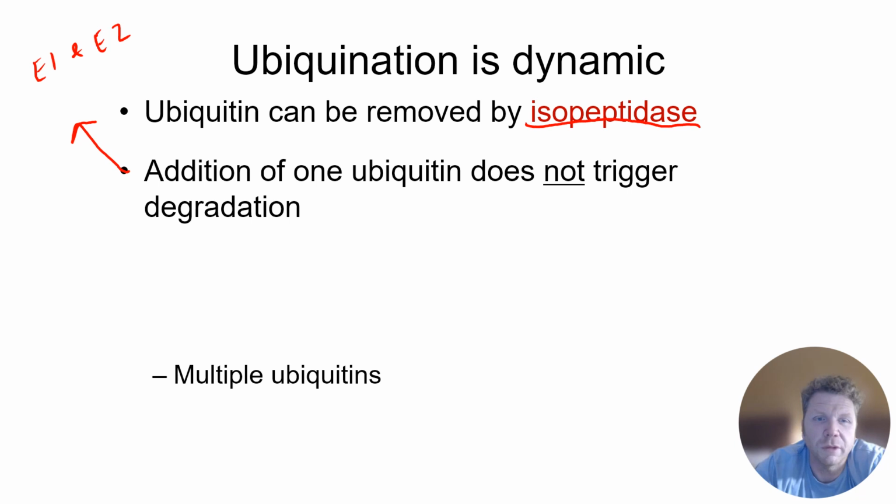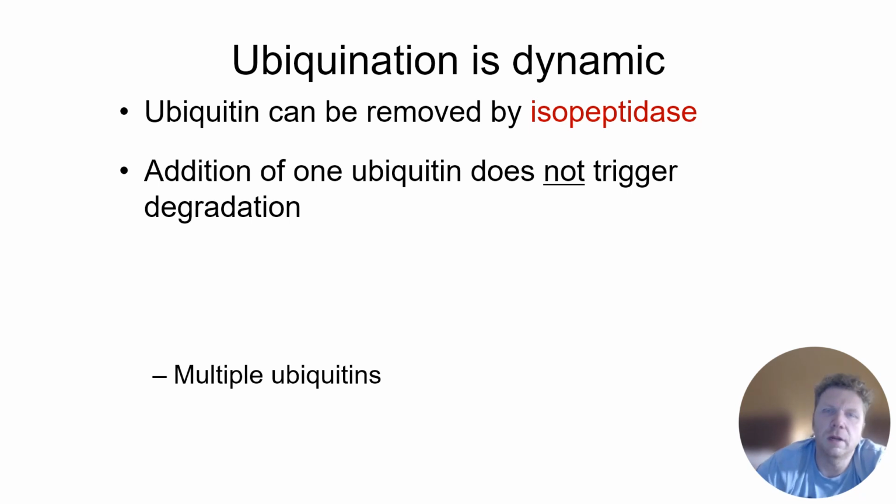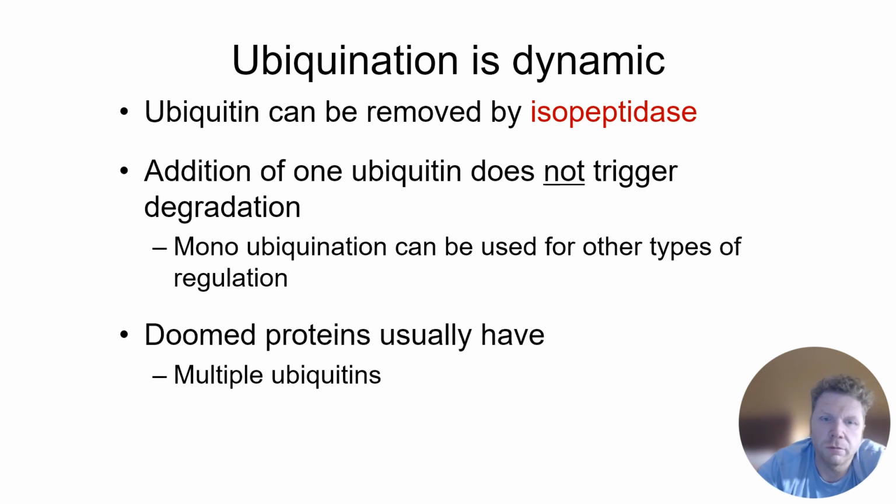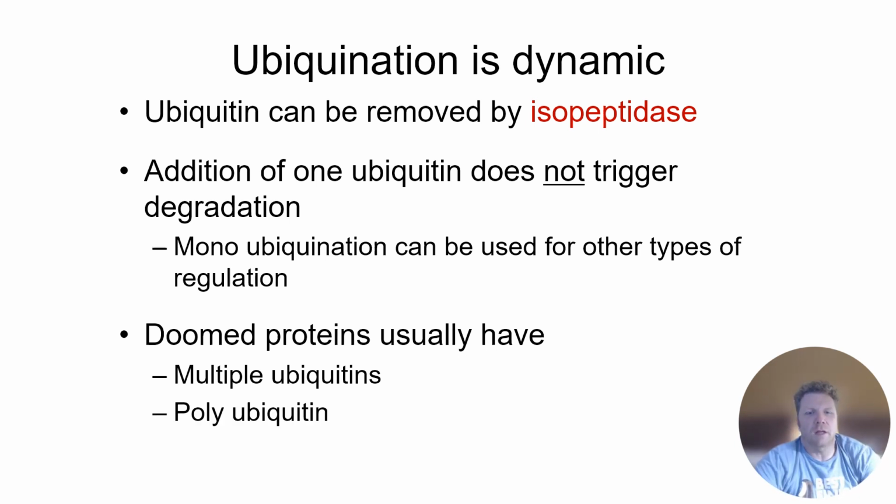Well, the reason is that they only take on one ubiquitin. So E1 and E2 get a single ubiquitin added to them. Monoubiquitination can be used for other types of regulation. Doomed proteins or condemned proteins usually have multiple ubiquitins added to them, typically in the form of a polyubiquitin.